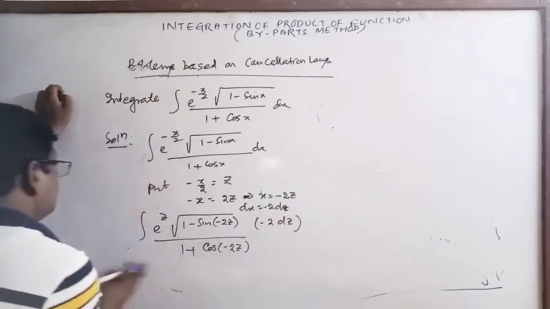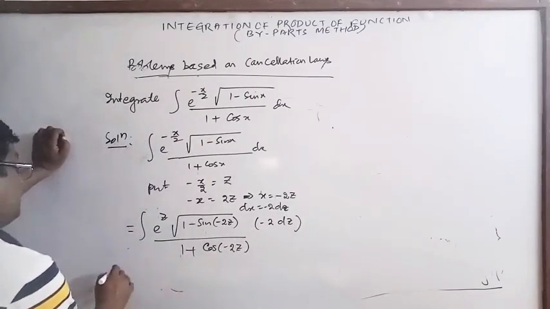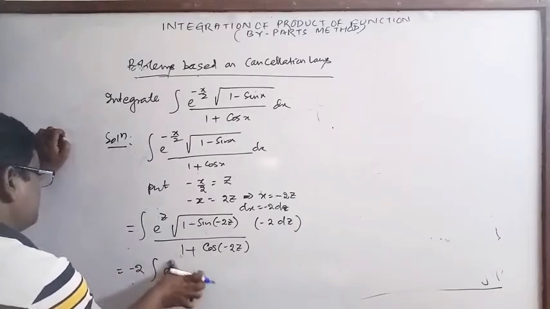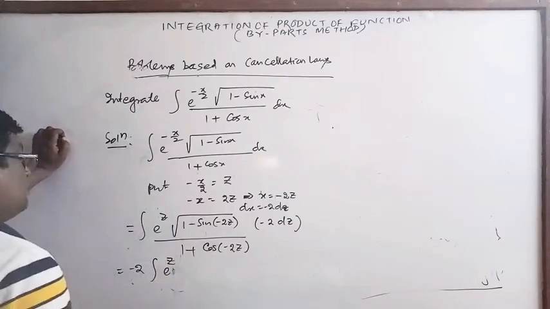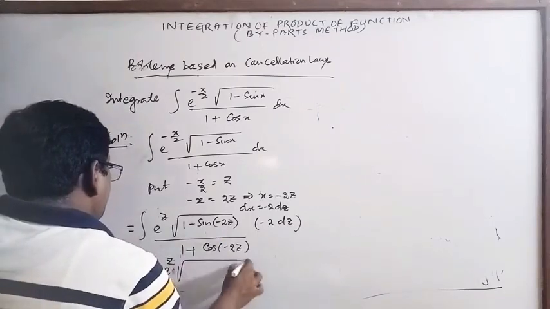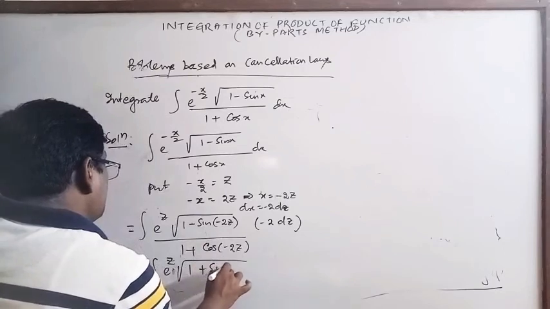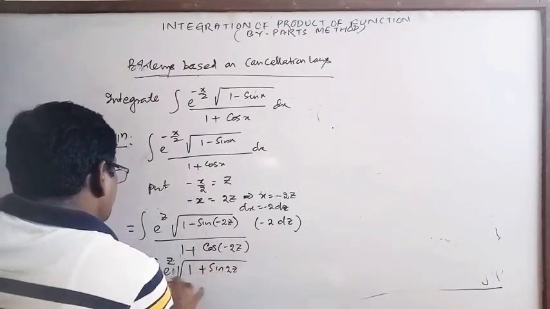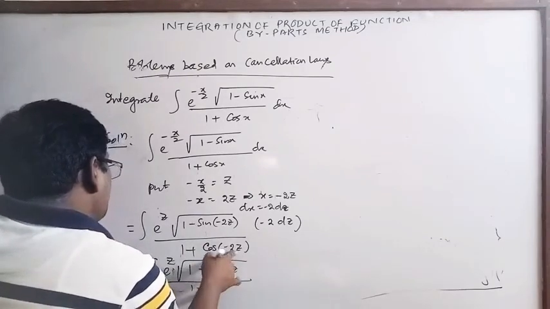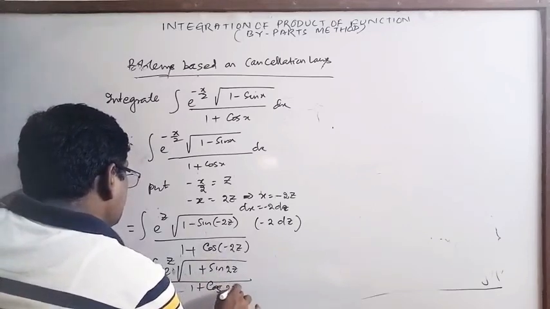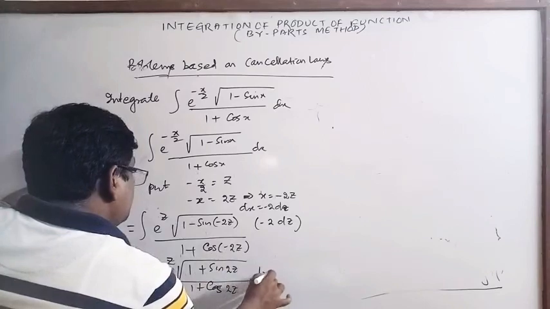So this is equal to minus 2 e to the z, root over 1 plus sin 2z, since sin of minus theta is minus sin theta, by cos of minus theta, which is cos theta, so cos 2z, into dz.